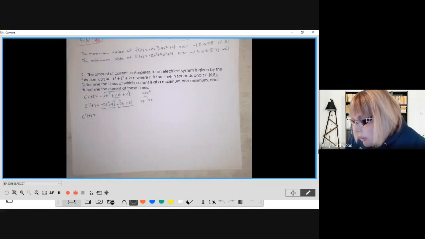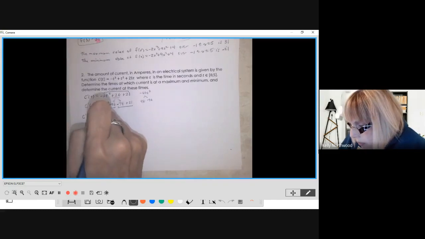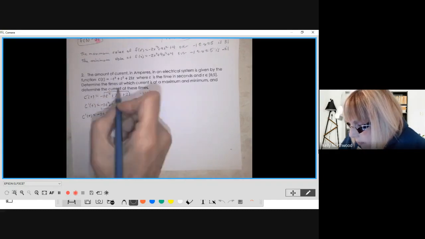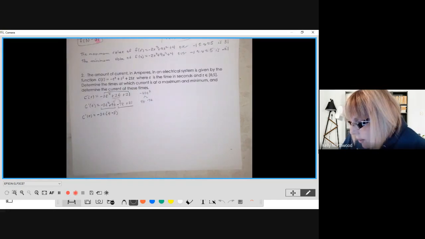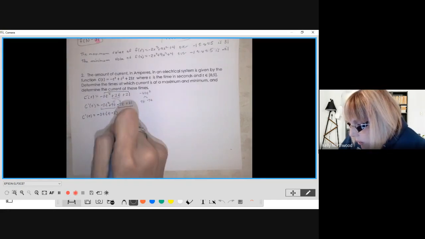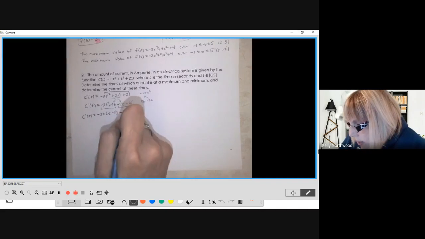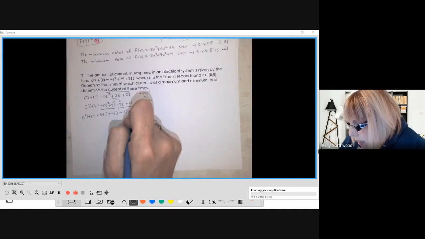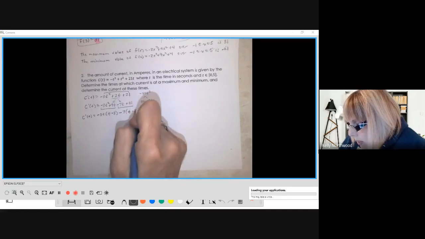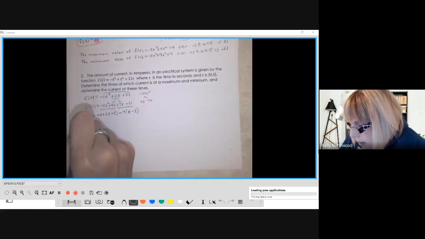And then common factor, the first two terms, negative 3t is in common. And then the sign that comes next goes next. 7 is in common. Negative 7t divided by negative 7 is t. 21 divided by negative 7 is negative 3.